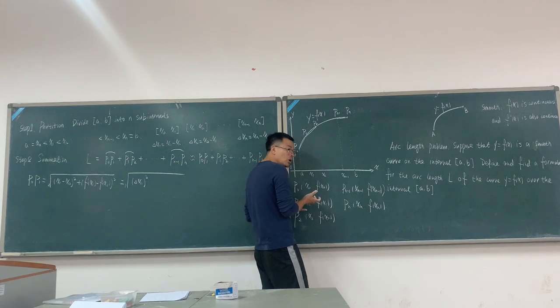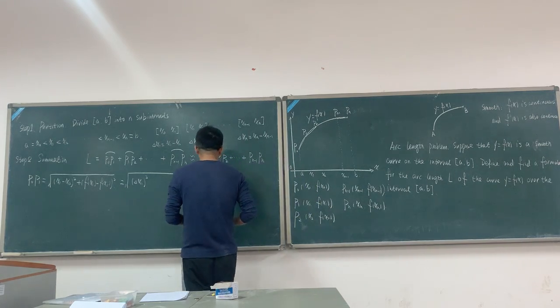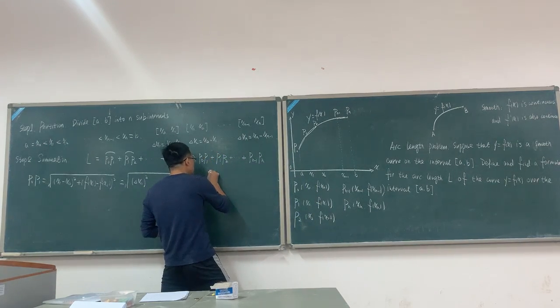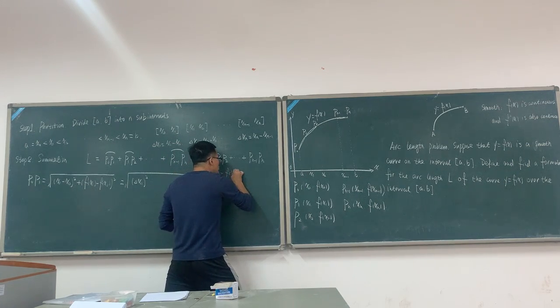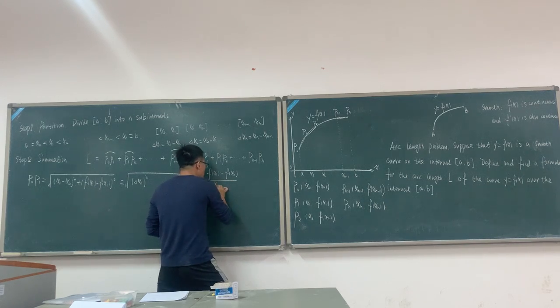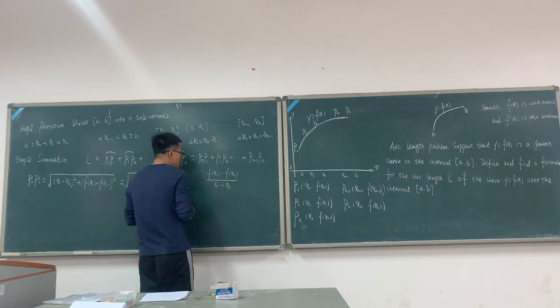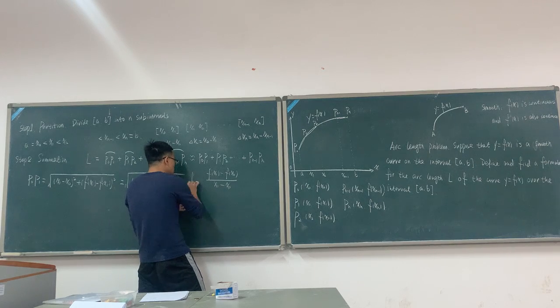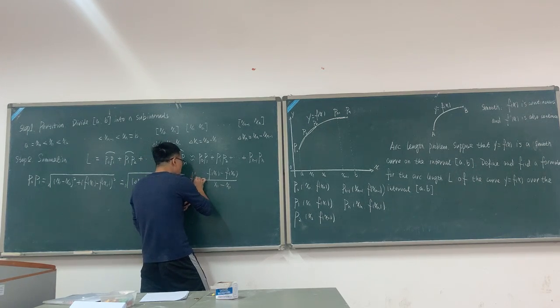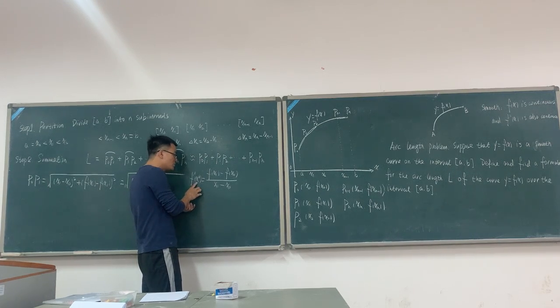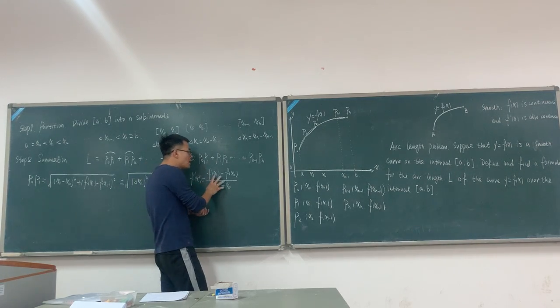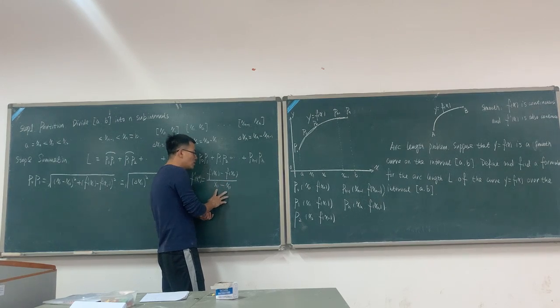So we can use the mean value theorem. It says that f(x1) minus f(x0) divided by x1 minus x0 equals the derivative: there is a point, which we denote x1 star, such that f prime of x1 star equals (f(x1) minus f(x0)) divided by (x1 minus x0).